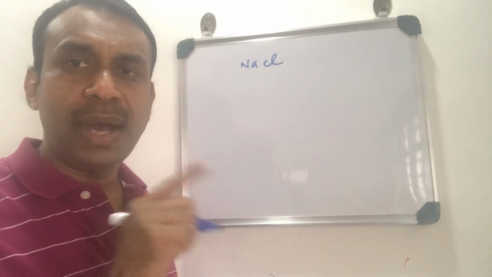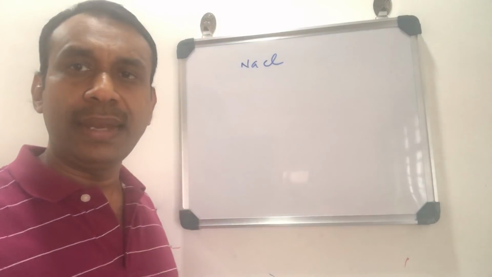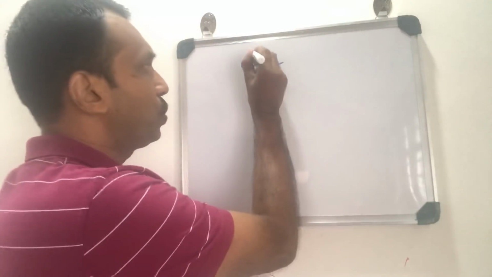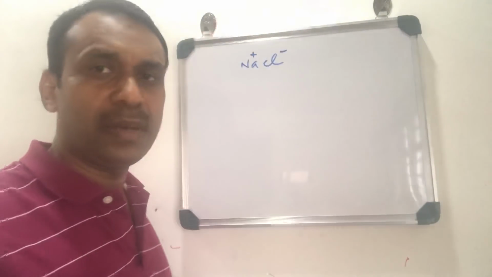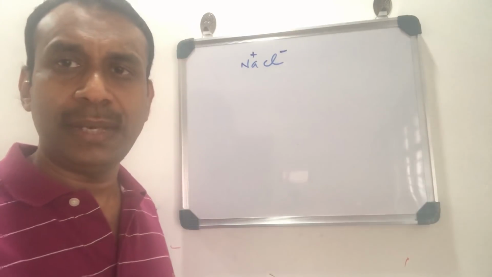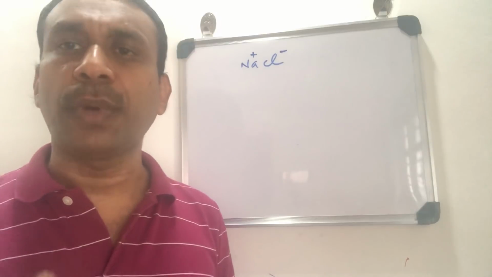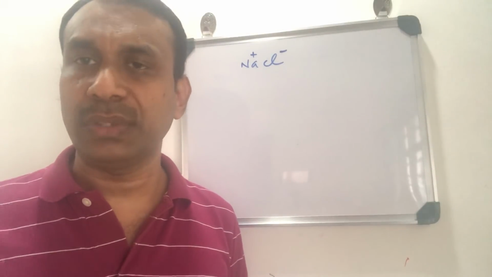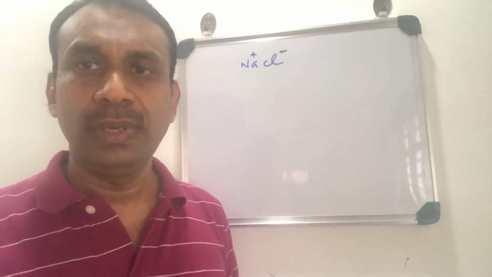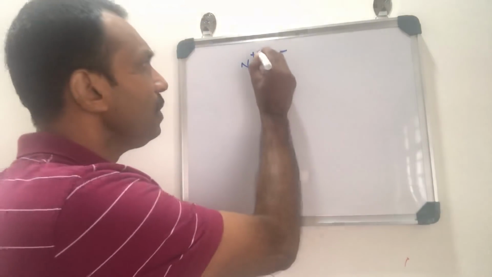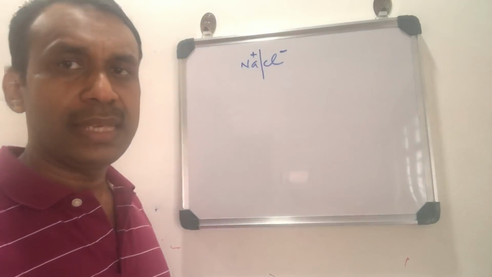On passing electricity through molten NaCl, we get two ions, Na+ and Cl-, cations and anions. As a result of electrolysis, two products are obtained, one at the cathode, another at the anode.